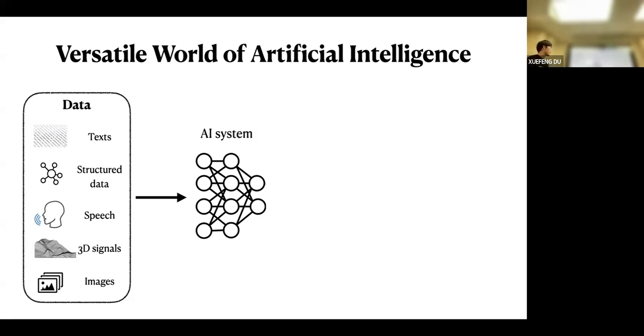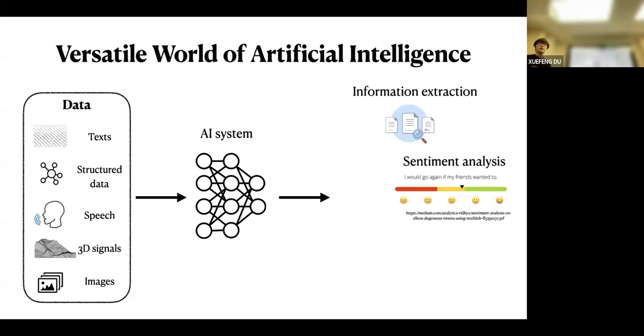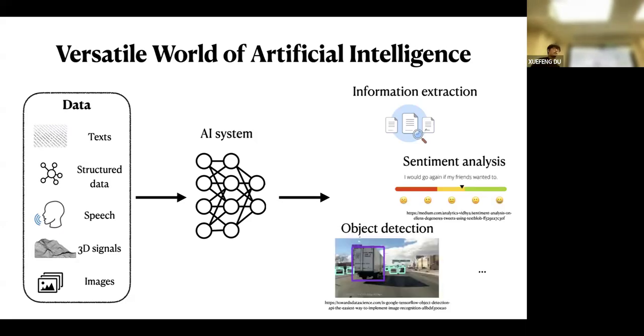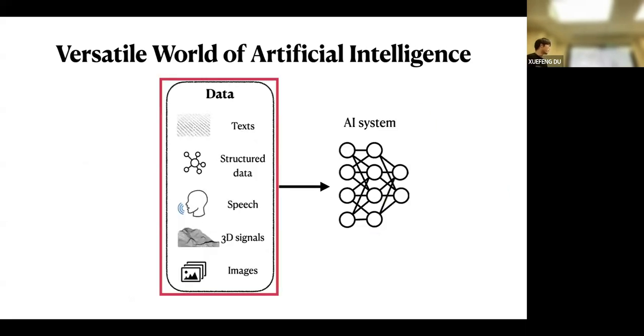These systems have already transformed a lot of applications by taking a vast array of diverse input data and performing tasks like information extraction, sentiment analysis, and object detection, and definitely a lot of new tasks. But this progress also comes with challenges related to how reliable these machine learning models are when they are deployed in real-world settings, especially considering the diverse data these models can subsume.